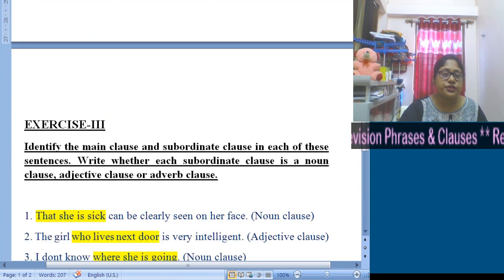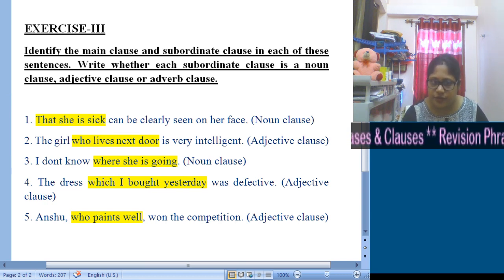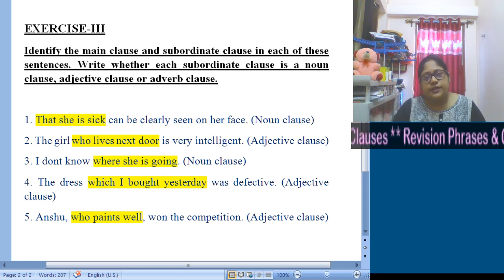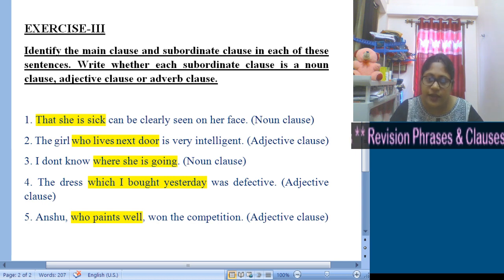In exercise 3, we were asked to identify the main clause and subordinate clause in each sentence, and whether the subordinate clause is a noun clause, adjective clause or adverb clause. I have highlighted the subordinate clause part, and within brackets I have mentioned its clause.